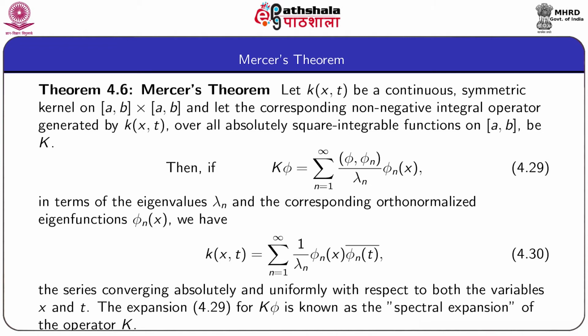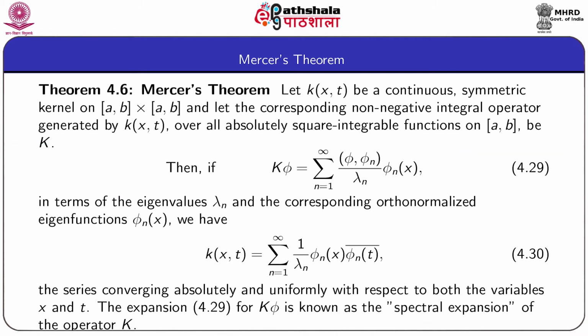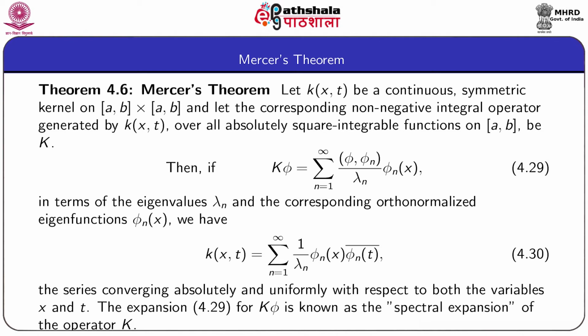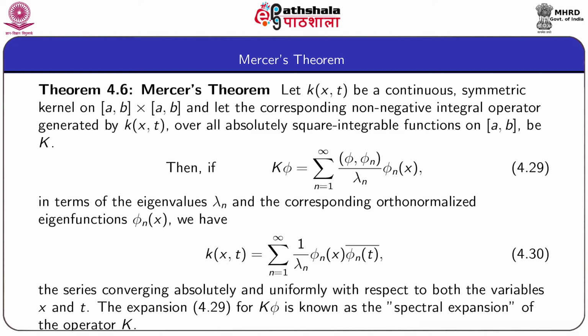Then if Kφ is equal to summation n equal to 1 to infinity of the inner product ⟨φ, φn⟩ divided by λn times φn(x), as given by equation 4.29, in terms of the eigenvalues λn and the corresponding orthonormalized eigenfunctions φn(x), we have K(x,t) equal to summation n equal to 1 to infinity 1 by λn into φn(x) into φn bar(t), as given by equation 4.30, the series converging absolutely and uniformly with respect to both variables x and t.